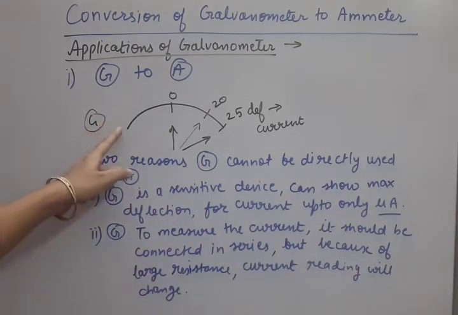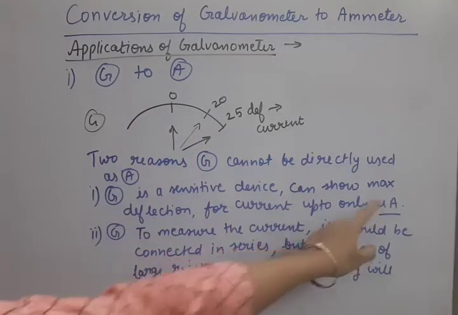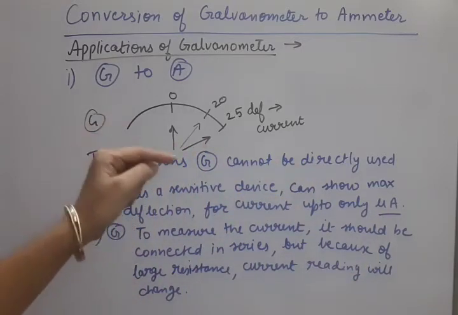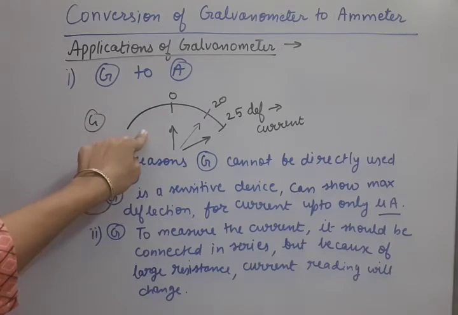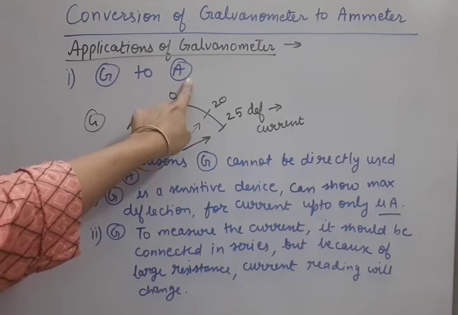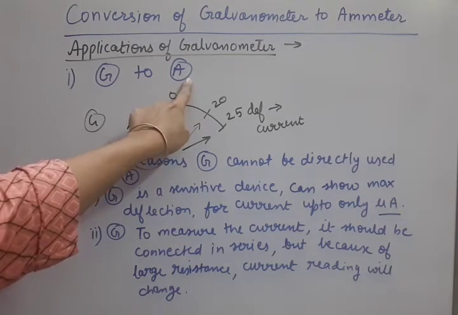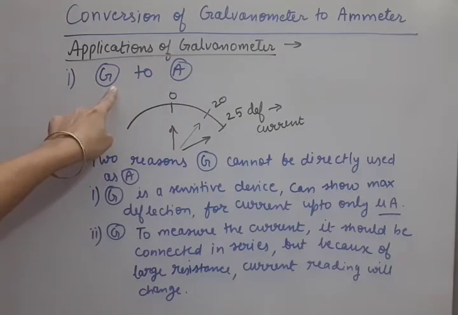That means if in any circuit we have to measure the current, the maximum current which it can tolerate is microampere current. If we pass more current than this, then the coil of galvanometer will burn. So how do we get the ammeter which can measure more currents? That's why if we use galvanometer as such, then it is failing.